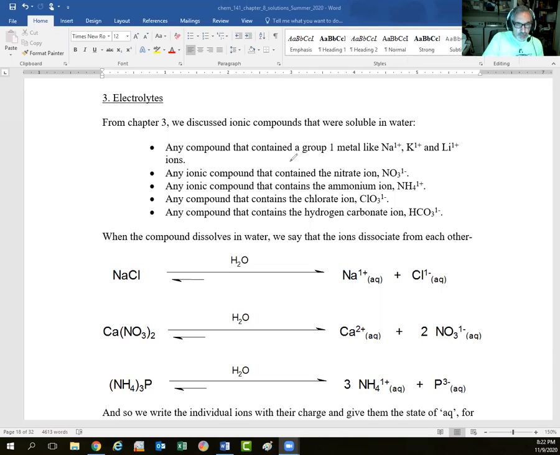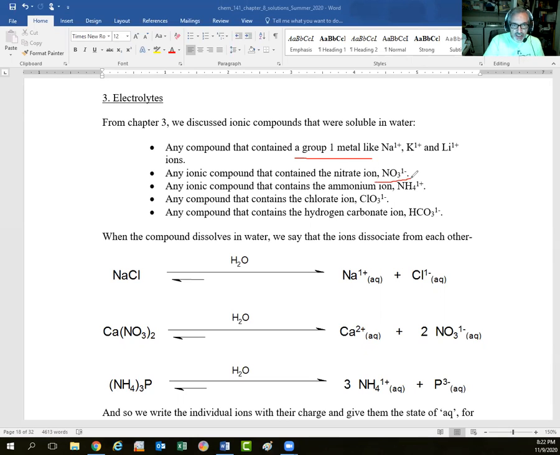We had said that we were looking for any compound that contained a group 1 metal, so something like sodium or potassium, lithium, etc. They strongly dissociated in water into their individual ions as they formed a solution. We also had some polyatomic ions which were pretty good at dissolving and therefore creating ions.